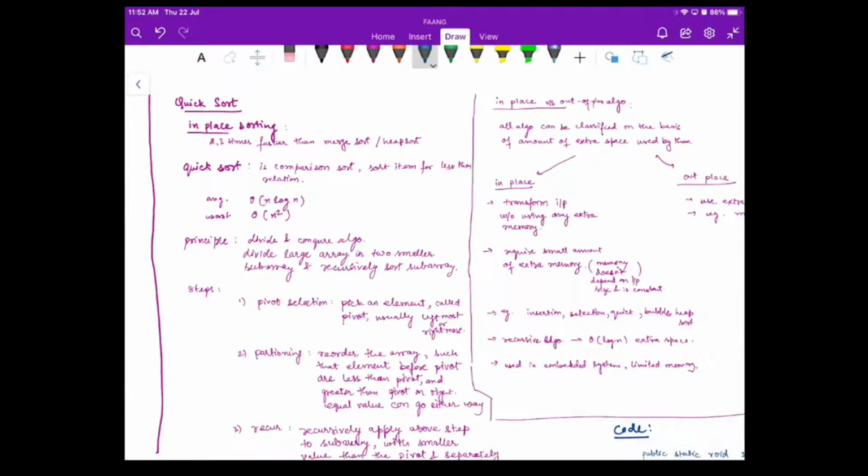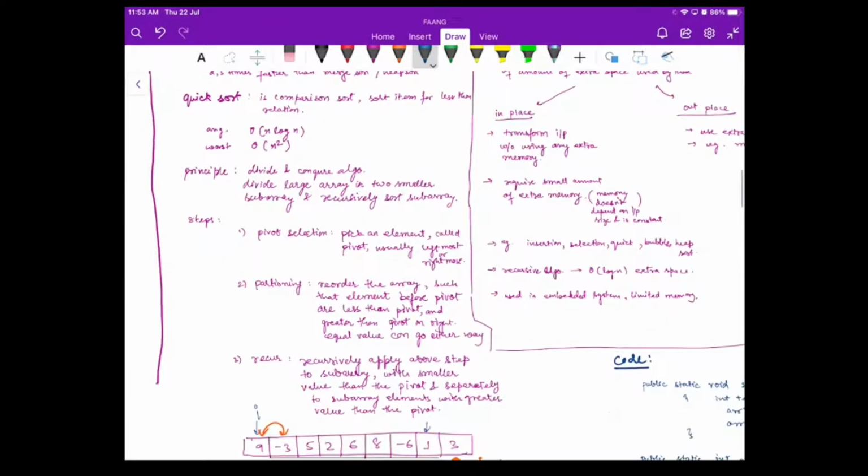So for quicksort, what's the principle behind it? It makes comparisons and sorts the elements as per that comparison. If it's less than the comparison or relation, then it will sort accordingly. The average sorting time for this algorithm is O(n log n), but the worst case, when you have not taken the correct pivot point, will take a long time, and that complexity would be O(n^2).